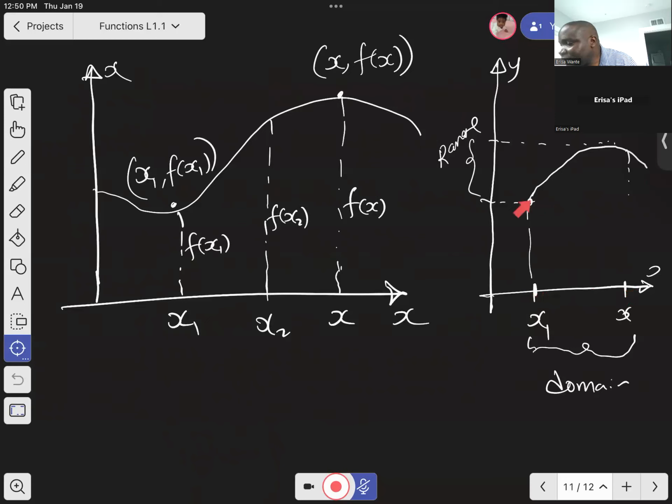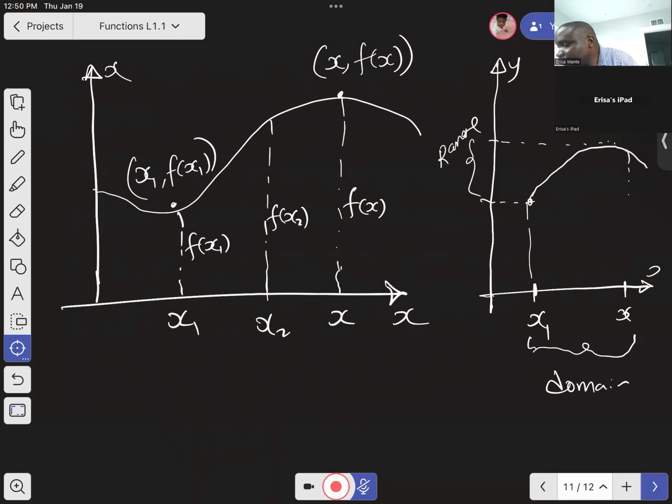And then the range starts from the lowest value right here, and the highest value is this value here, the peak. So the range is from this value here to some value right here, and the domain is from x1 up to some x. So that's how you can visualize the function.